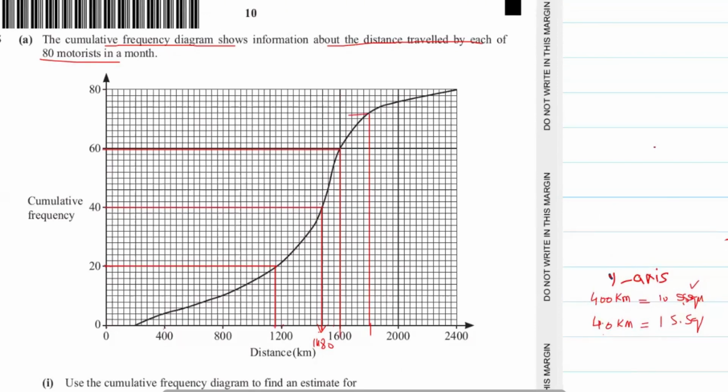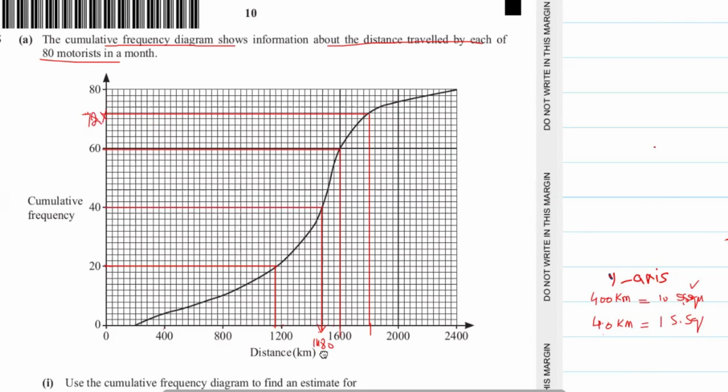From this graph we draw the horizontal line, which meets the y-axis at this position, and we see the value of the cumulative frequency. Look here, one small scale is equal to 2, therefore this value will be equal to 72.